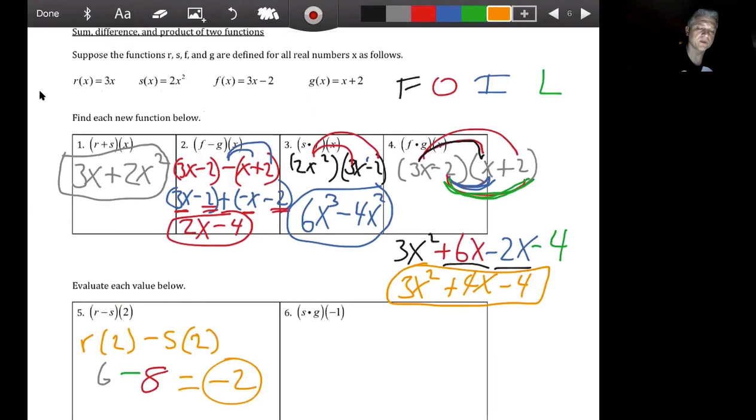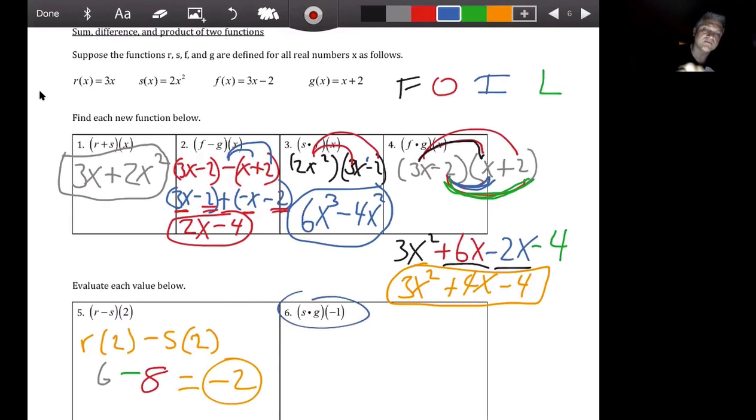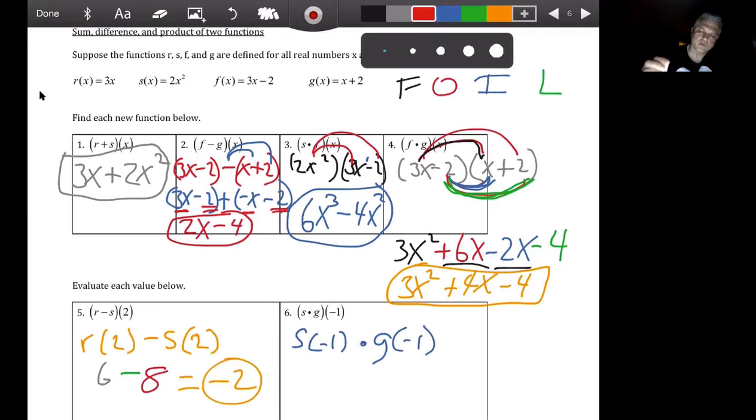Neat stuff. Okay, the last question of the year for the notes: S times G of negative 1. So like I said before, this is S of negative 1 times G of negative 1. Sweet. So what is S of negative 1? Well, let's go up here.